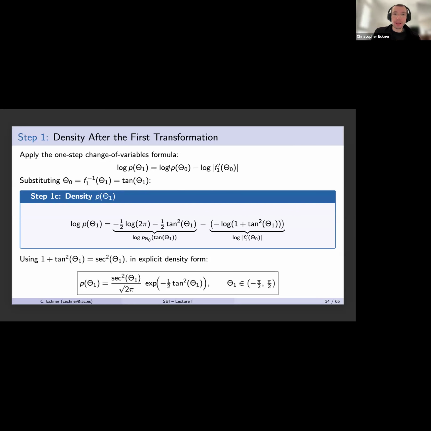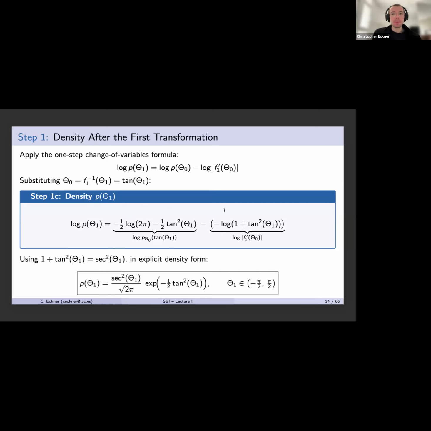Then you can plug this in to get a function that only depends on theta 1. The original form for your normally distributed variable is the standard normal, which is 1 over the square root of 2 pi times e to the power of minus 1/2 of x squared, or theta 0 squared.